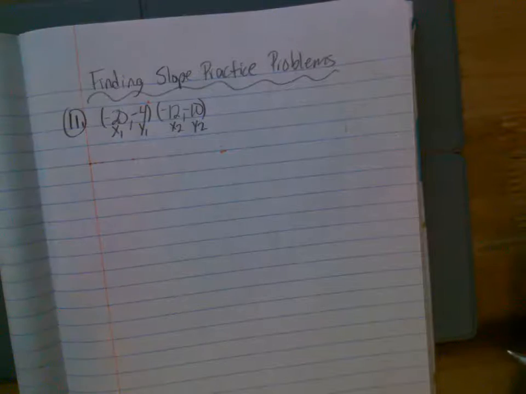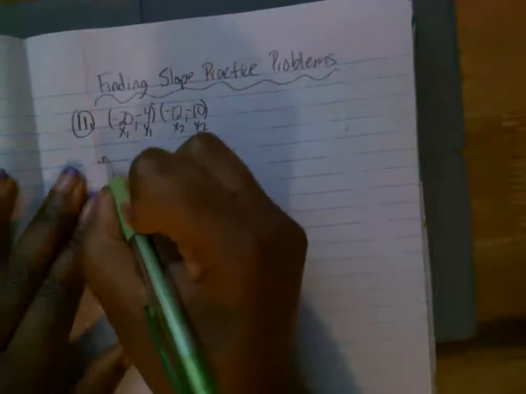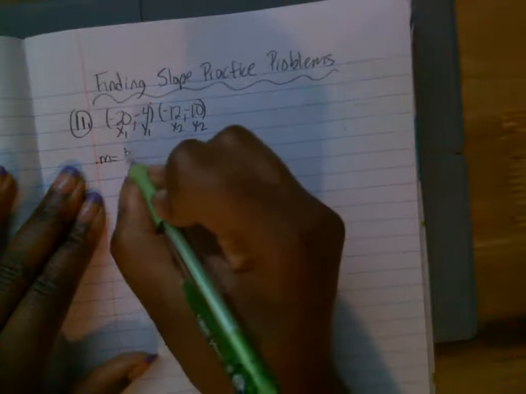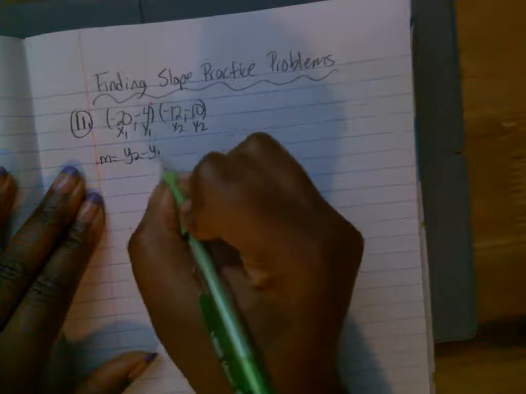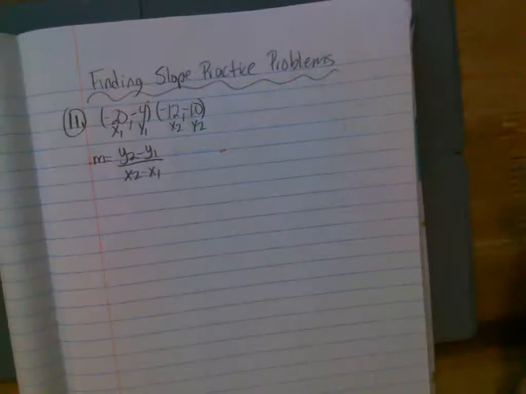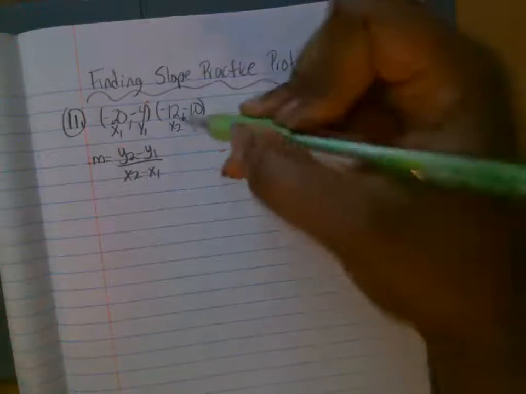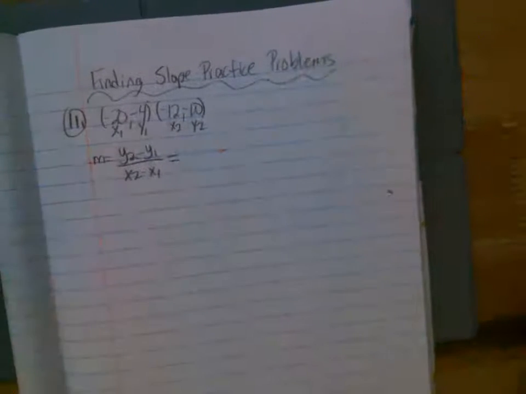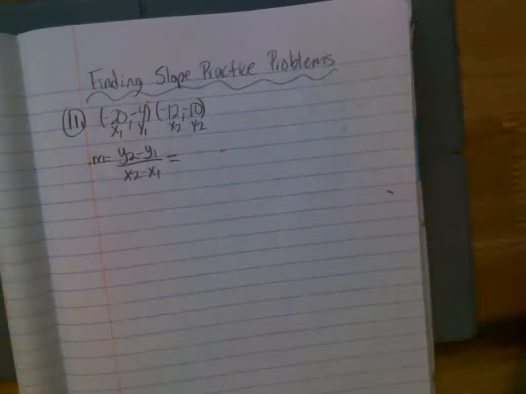Number 2, you're going to write the formula and substitute the numbers into the formula. The formula is y2 minus y1 over x2 minus x1. Now I'm going to take these numbers and plug them into this formula, simplify and reduce.